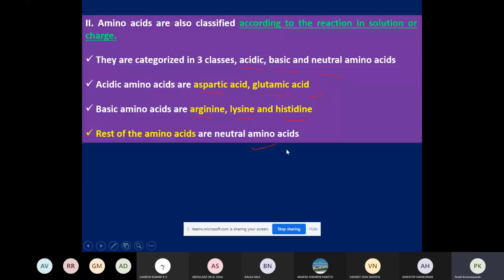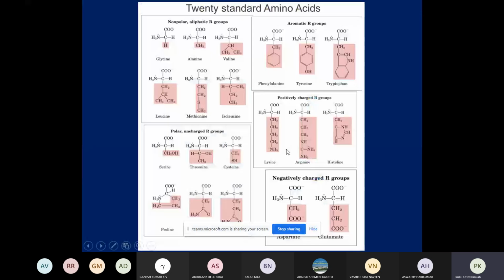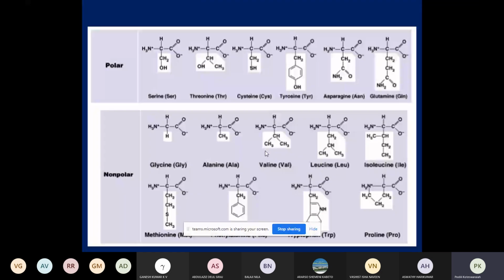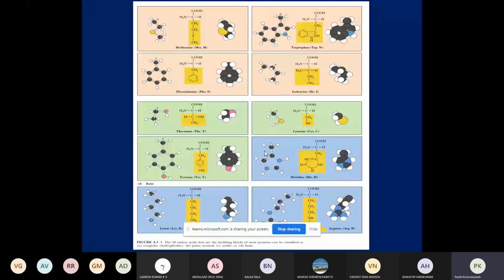So these are all the 20 standard amino acids you can see here, and they differ from one another only in the side chain. You can see here the side chain has been shaded with a different color. You can notice that they differ from one another only at the side chain. So this is about the classification based on the reaction.